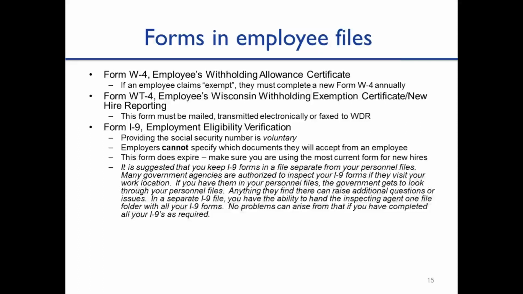If you do have a government agency coming in, you only want them to have access to forms that they need. So if your I-9s are in your other employee files, they're going to also have access to the other information in that file. So that's why we suggest keeping the I-9 in a separate file, because if somebody does come in to look at those forms, you can just give them the one file that only has the I-9 forms in them.